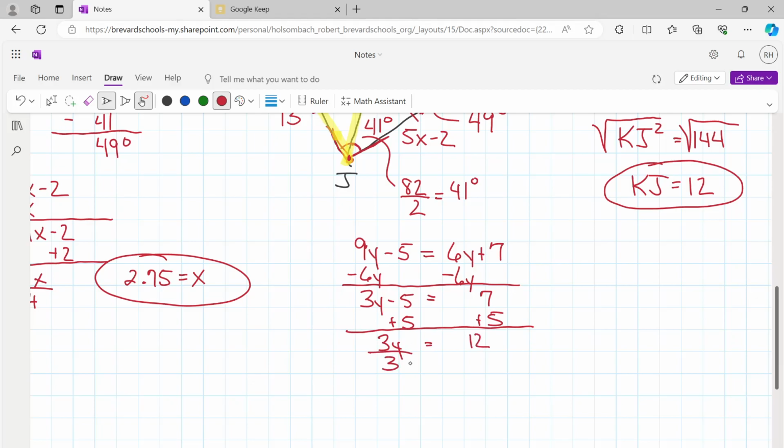And divide by 3. So y is equal to 4. All right, anybody have any questions on any of that stuff?